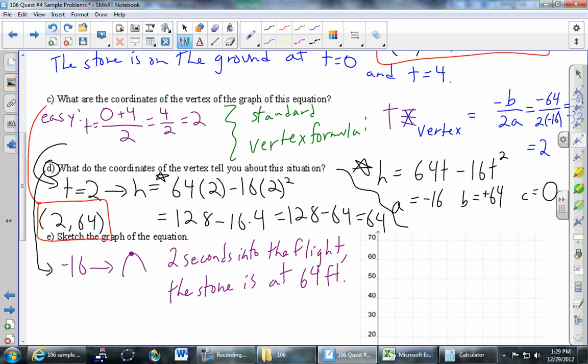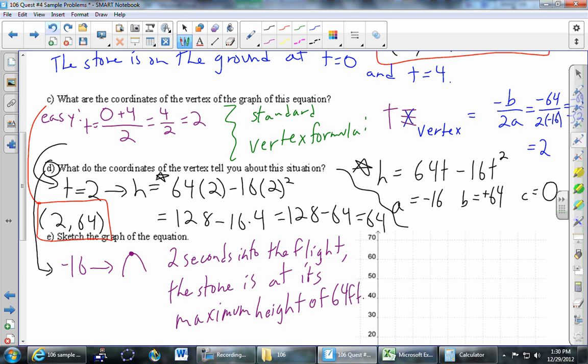This could be any random point on the parabola. It could be 2 seconds into the flight and it's right here and it's 64 feet off the ground. But the fact that it's the vertex means you got to get the word maximum or minimum into your sentence. So let's get rid of that and fix it. The stone is at its maximum height, which happens to be 64 feet.